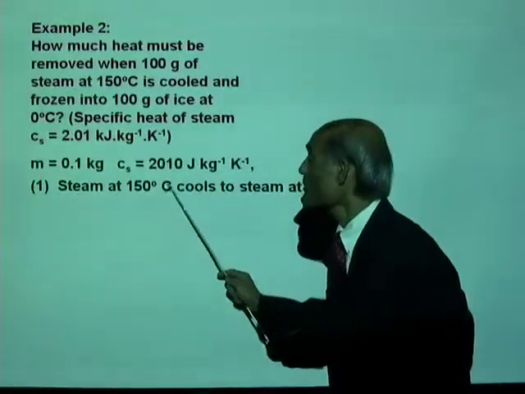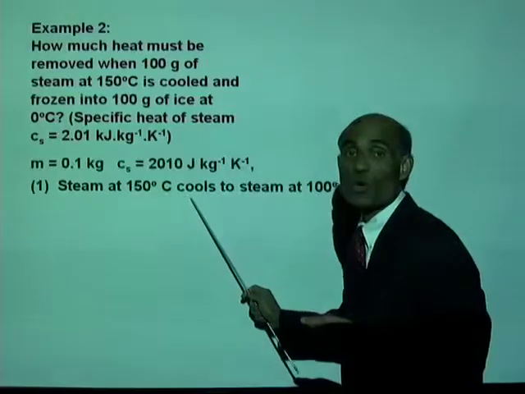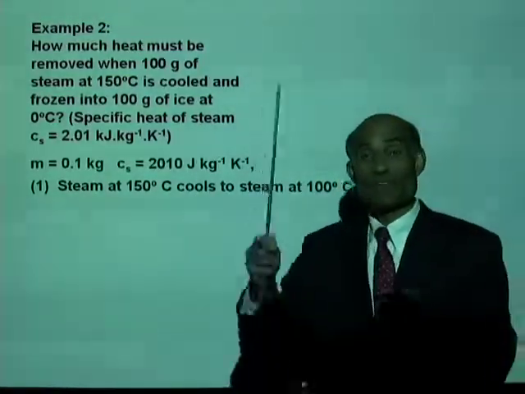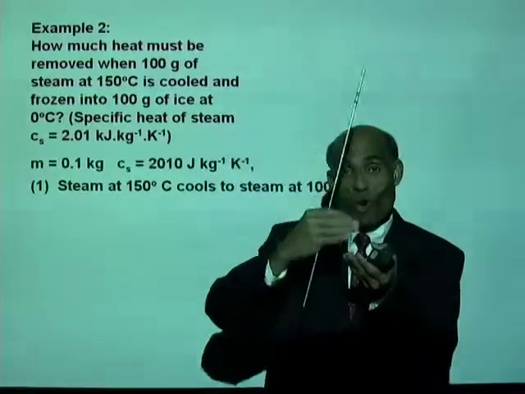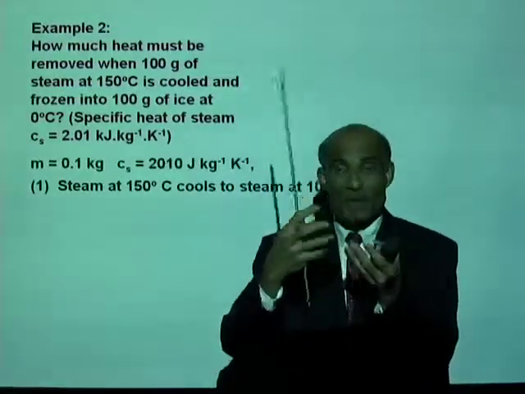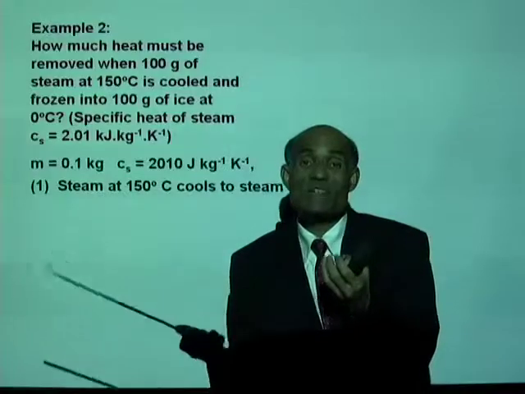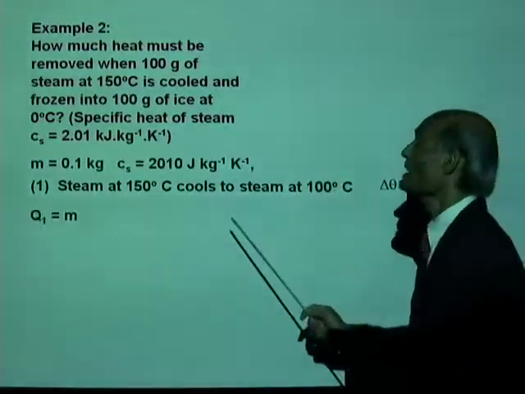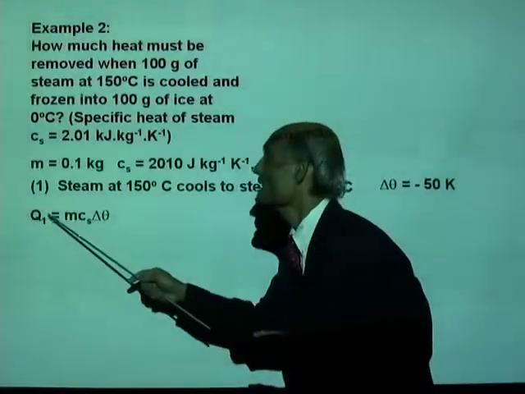Steam at 150 degrees Celsius cools to steam at 100 degrees Celsius. The temperature of steam falls, changes. That means the amount of heat liberated during that time will be, what is the amount of heat liberated?